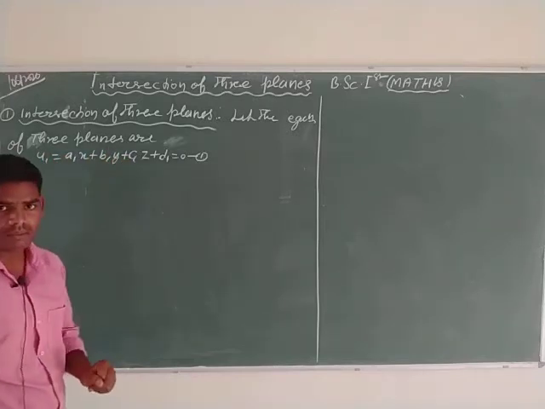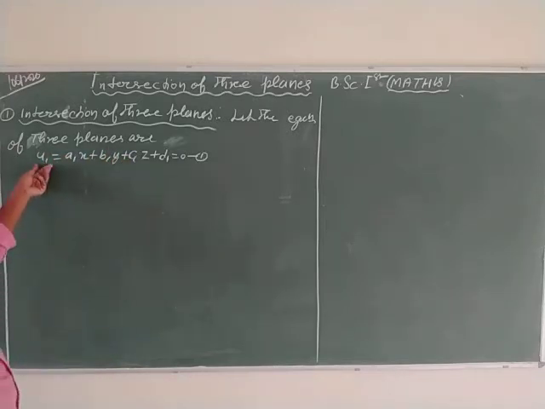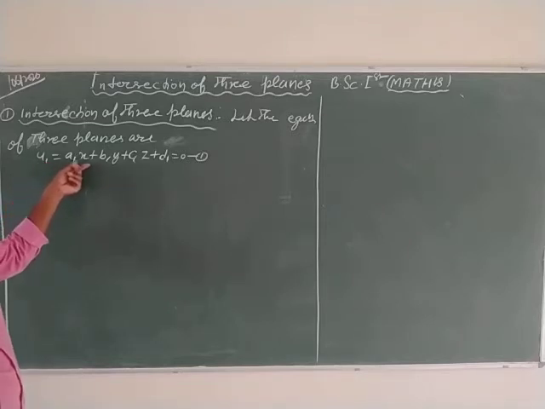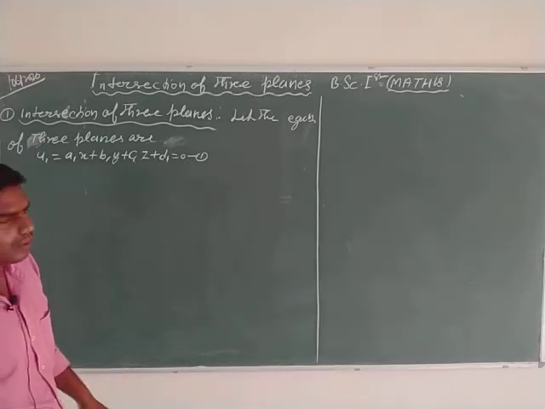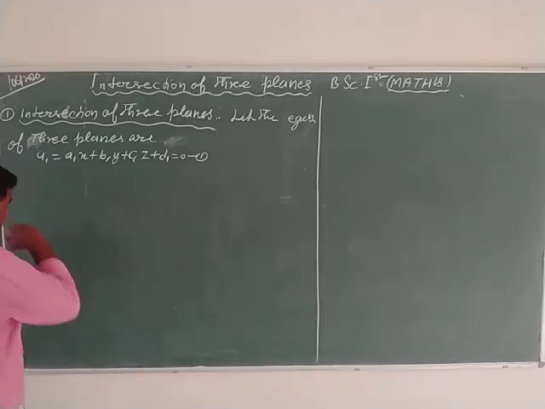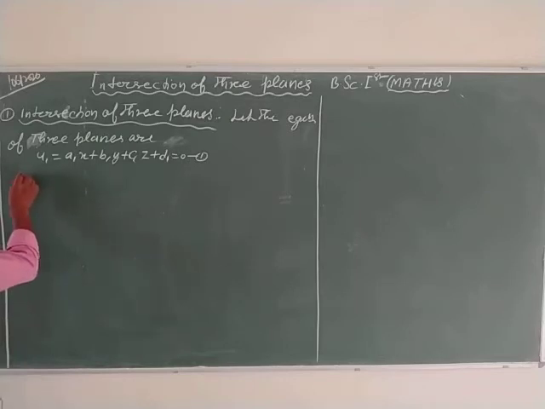The first plane is denoted by u1: a1x plus b1y plus c1z plus d1 is equal to 0. Similarly, take the other two planes.